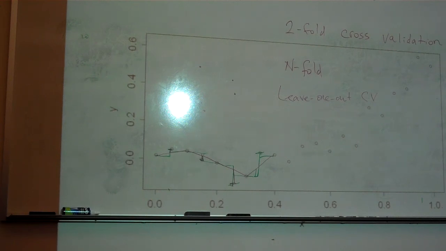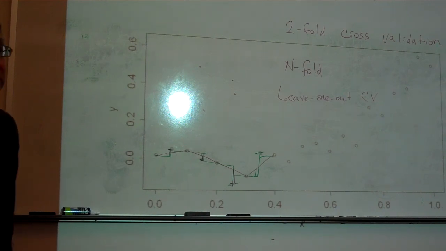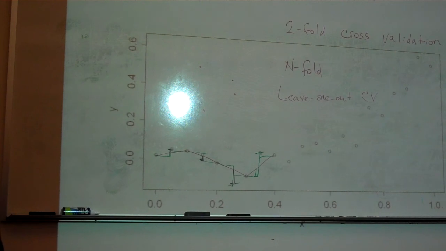No. I'm trying to guess why you would ever choose twofold cross validation when it seems like you're losing quite a bit of your data set. You're losing information with twofold cross validation. The only reason for doing that is computational speed.